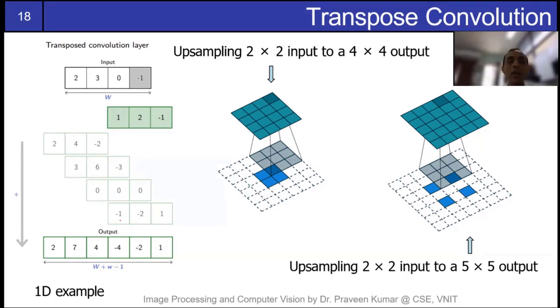If you can visualize it, it's just kind of a reverse. In the original convolution operation, we took the input image and the filter, got a sum of weighted inputs, and replaced the center pixel by that sum. Here we are doing the reverse.